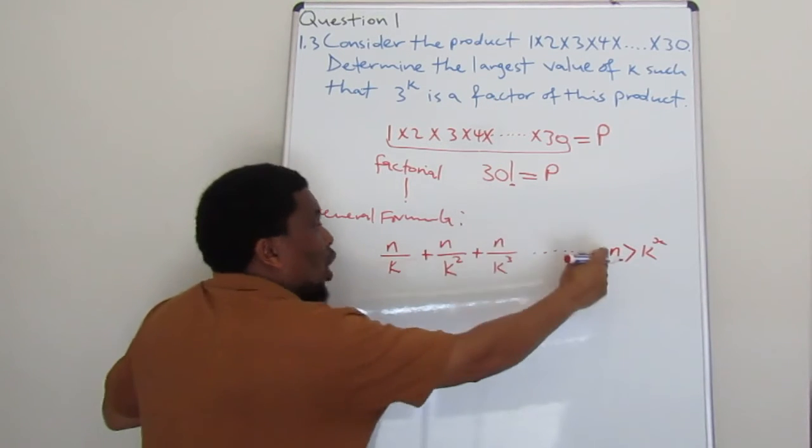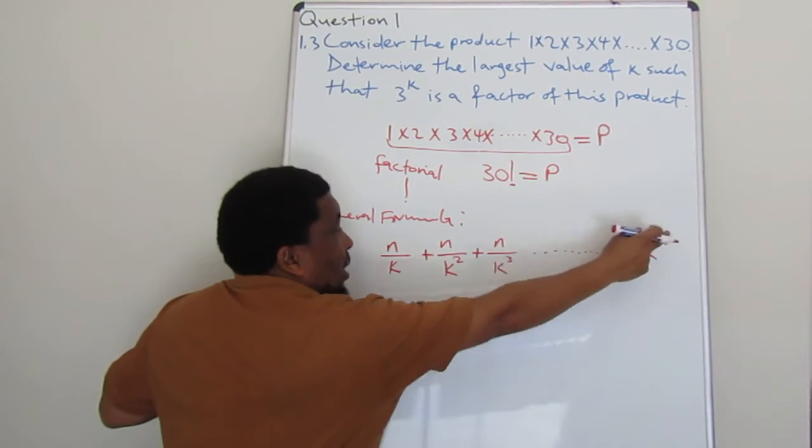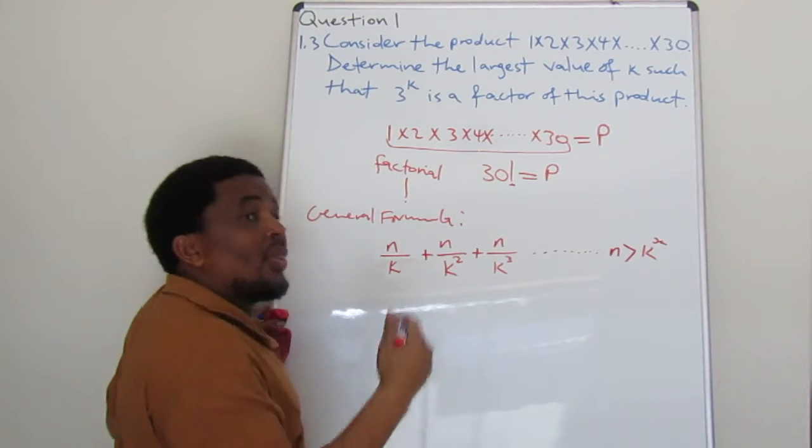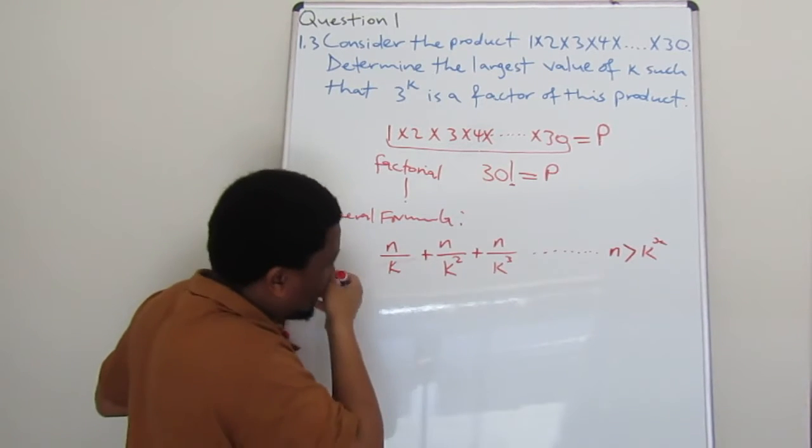You stop when n is less than k to the power x.